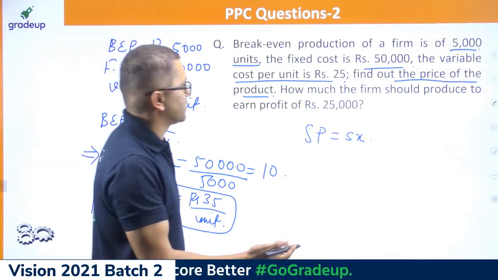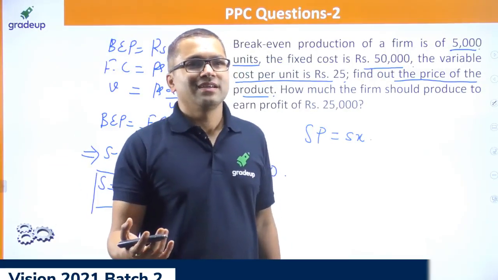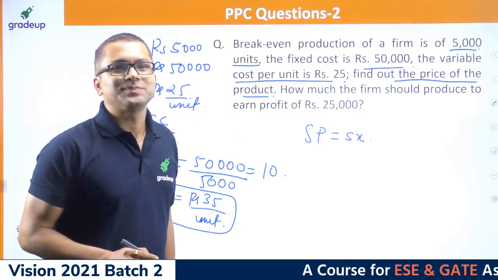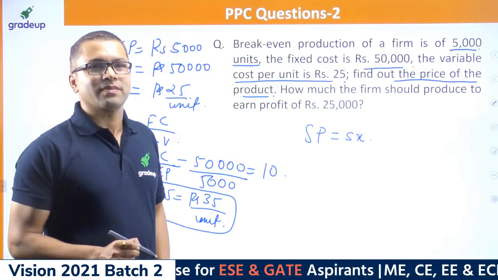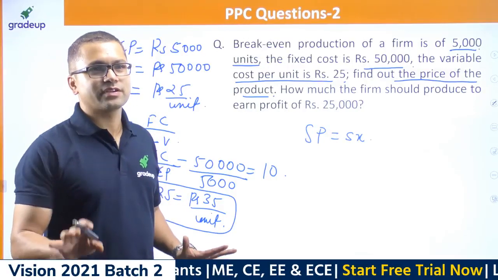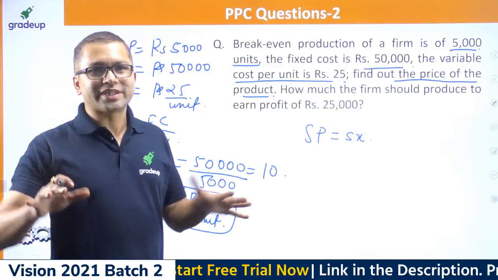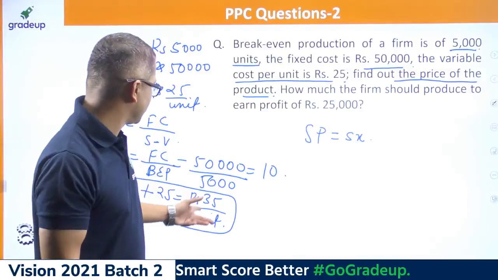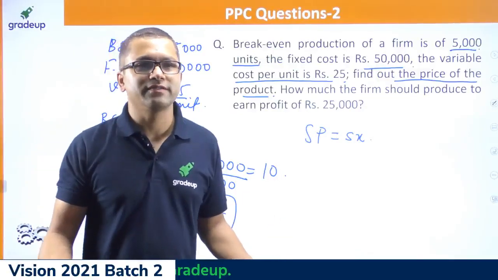X is nothing but number of units. So how do you know that this is the correct answer? Yes, I agree that you have calculated whatever you can calculate. That's why you said the answer is going to be 35.